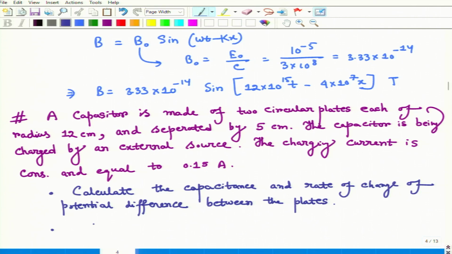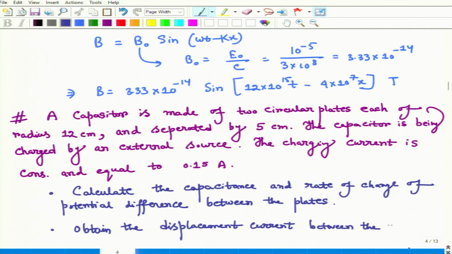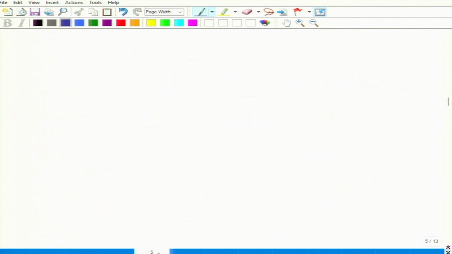And the second question is obtain the displacement current between the plates. Okay, so two questions are there. First question is totally a question from capacitor, and second question is related to displacement current taught in this course, electromagnetic wave. Okay, let me do the first question.